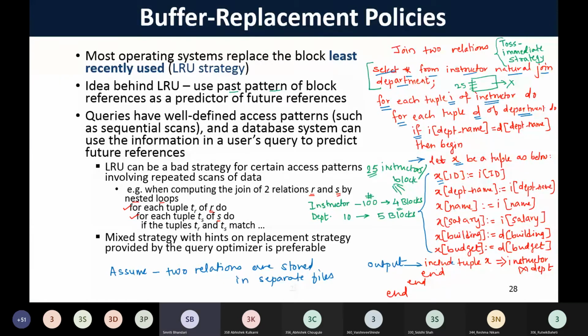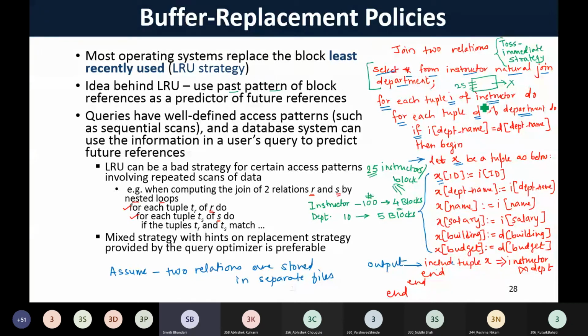Now, let us consider the blocks containing the department relation or the department tuples. We need to examine every block of department tuples once for each tuple of the instructor relation. What does this mean?